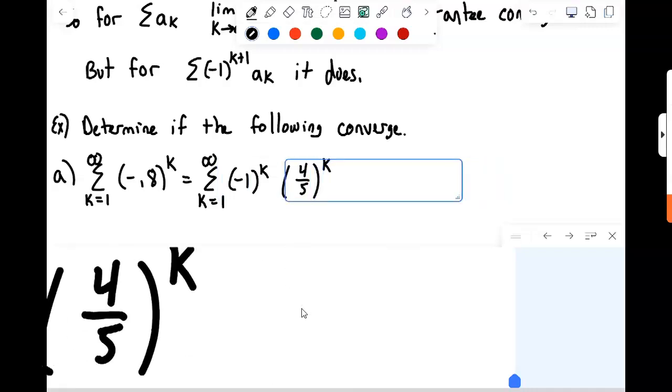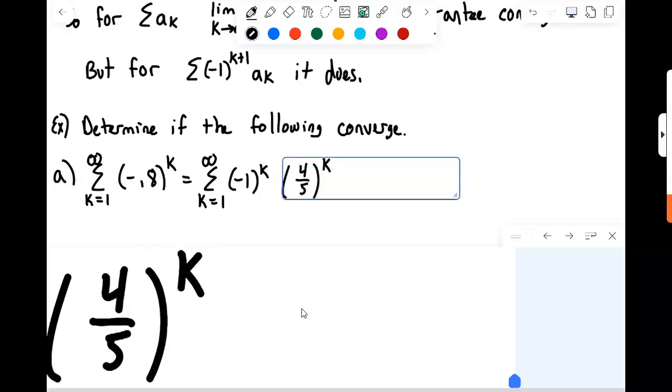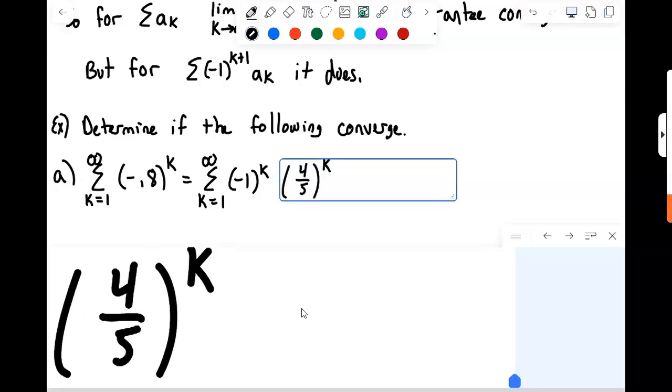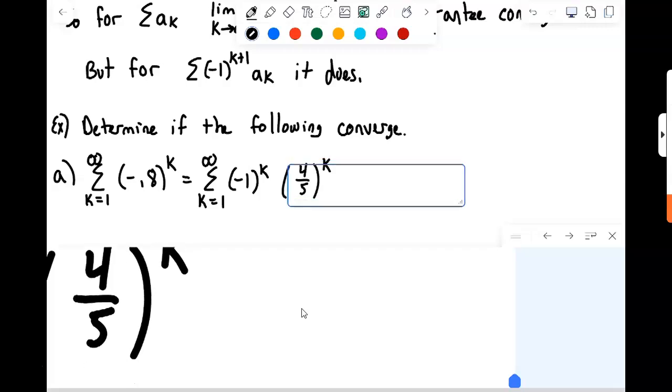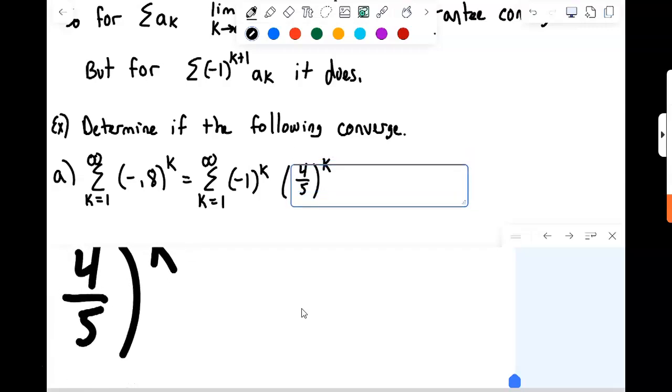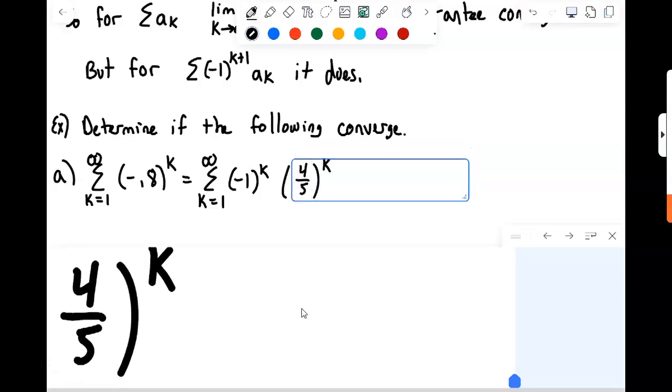Now, we can see first off that this 4/5 to the k term, as k gets bigger and bigger, this underlying a sub k sequence, right? That's just going to keep going to be like 4/5, then 4 squared over 5 squared, 4 cubed over 5 cubed, 4 to the 4th over 5 to the 4th, and so on.